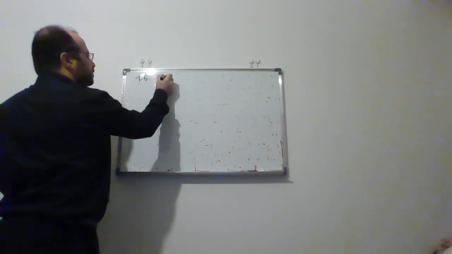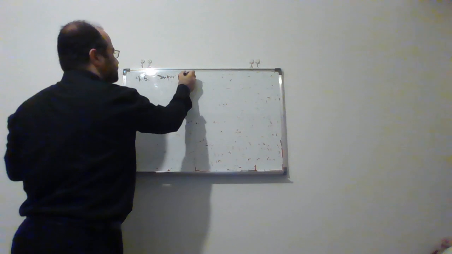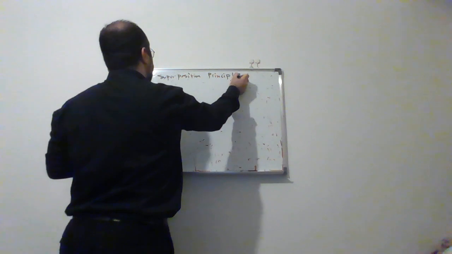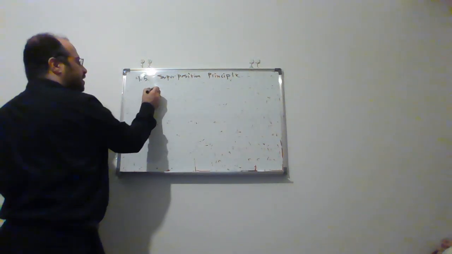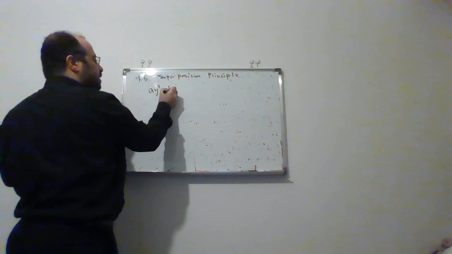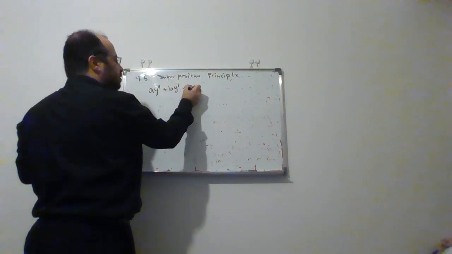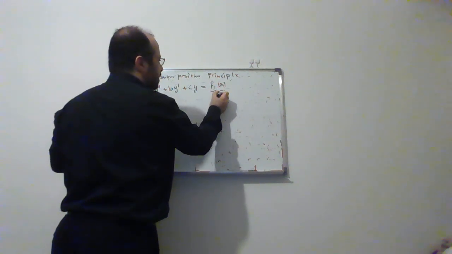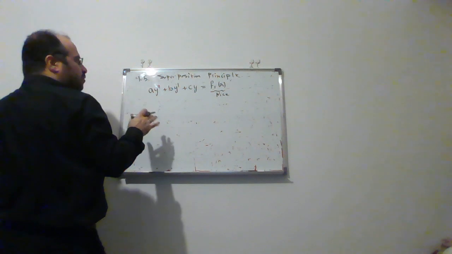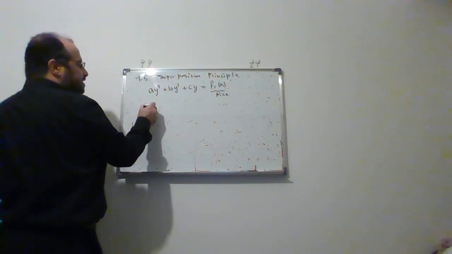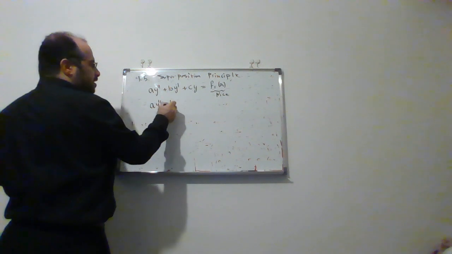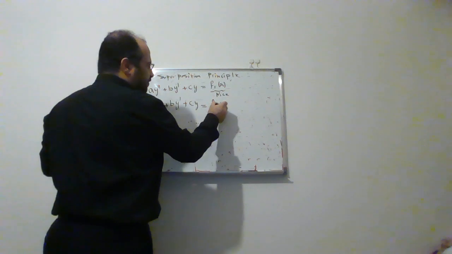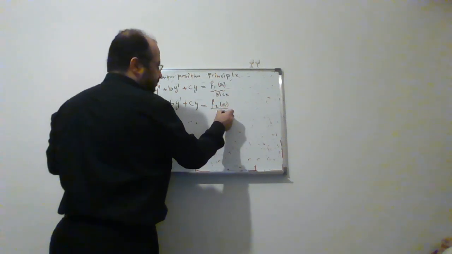It is the superposition principle. What is that? It says if you have a y double prime plus p y prime plus c y equal to f1 of x, and this is nice, and here you have the same equation, y double prime plus p y prime plus c y equal to f2 of x, and this is also nice.